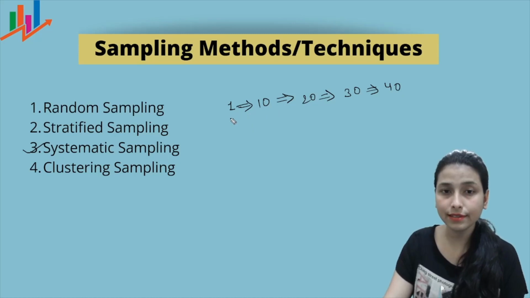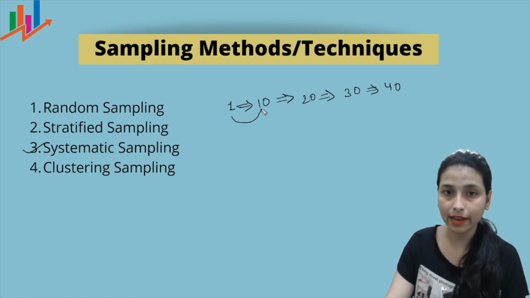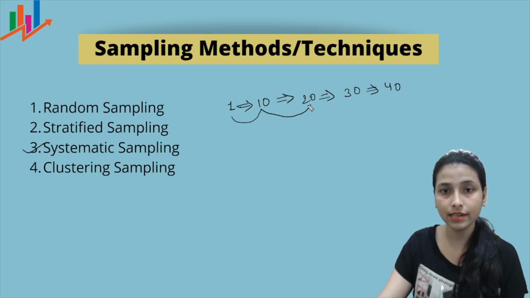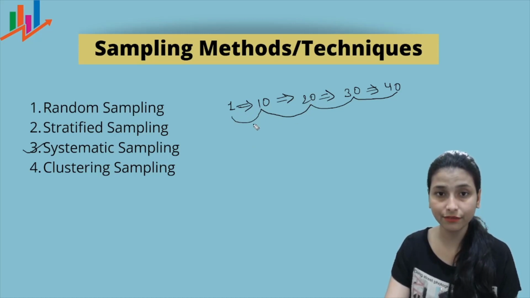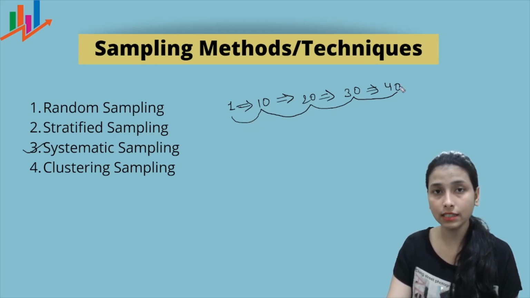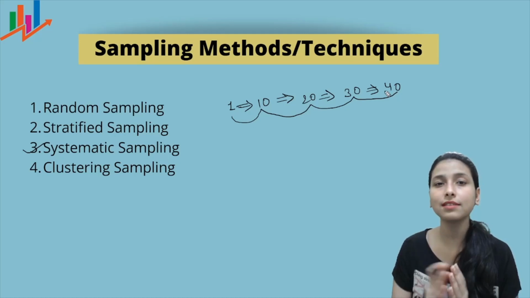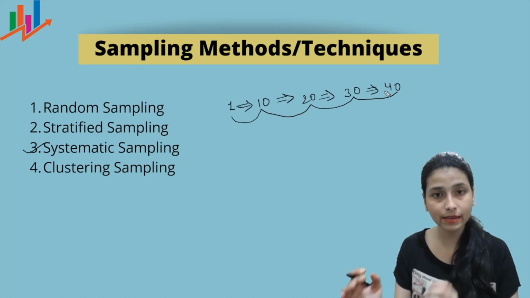So this is in a systematic manner, right? Here we are taking the sample after every 10th value: 1, then 10, 20, 30, likewise 40. So this is in a kind of systematic manner.